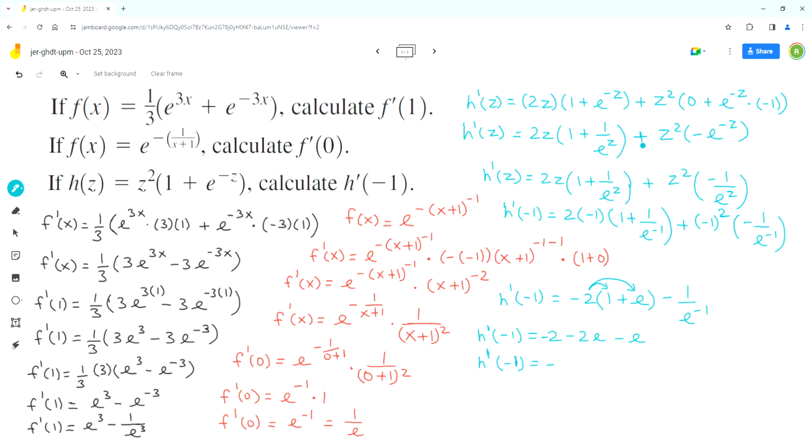So I got -2 minus 3e. So let's fix that. So this should be the final answer for the derivative of this third function at z equals -1.